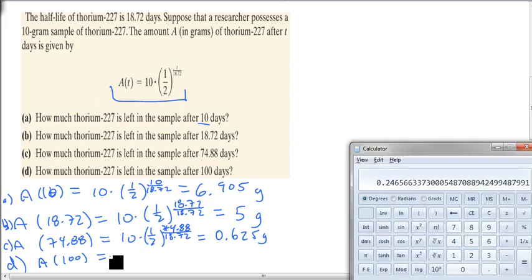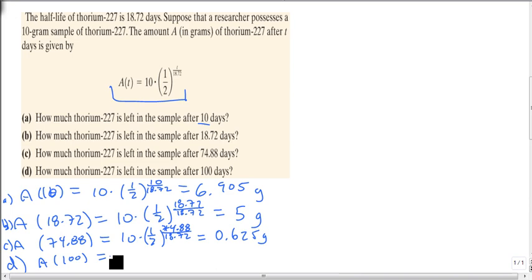So that was 0.247 grams. And so the longer we let it sit, the more of it disappears. And so this is using our exponential model in a calculator to successfully evaluate exponential models.